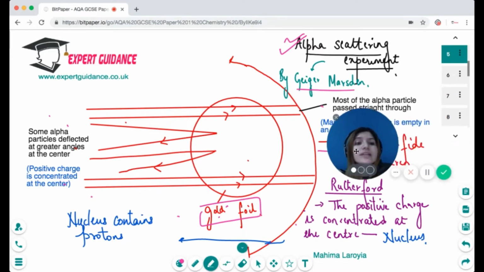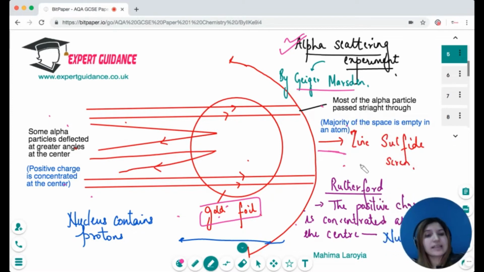Now, what does this tell us? It tells us that since most of the alpha particles passed straight through, the majority of the space in the atom is empty, and since there was a greater deflection at the center, there is a positive charge concentrated at the center of the atom.